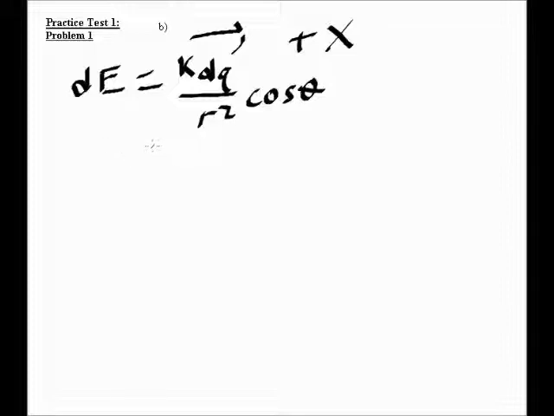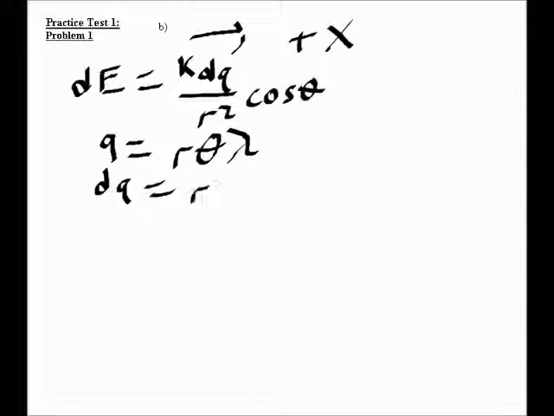So your variables on the right side of the equation are not the same, so you need to get them onto the same variables. To do this, you use a relationship that you got from part A. Q equals r theta lambda. R and lambda, however, are both constants, so when you take the derivative of this, dq equals r lambda d theta, and you can substitute this back into your differential equation.